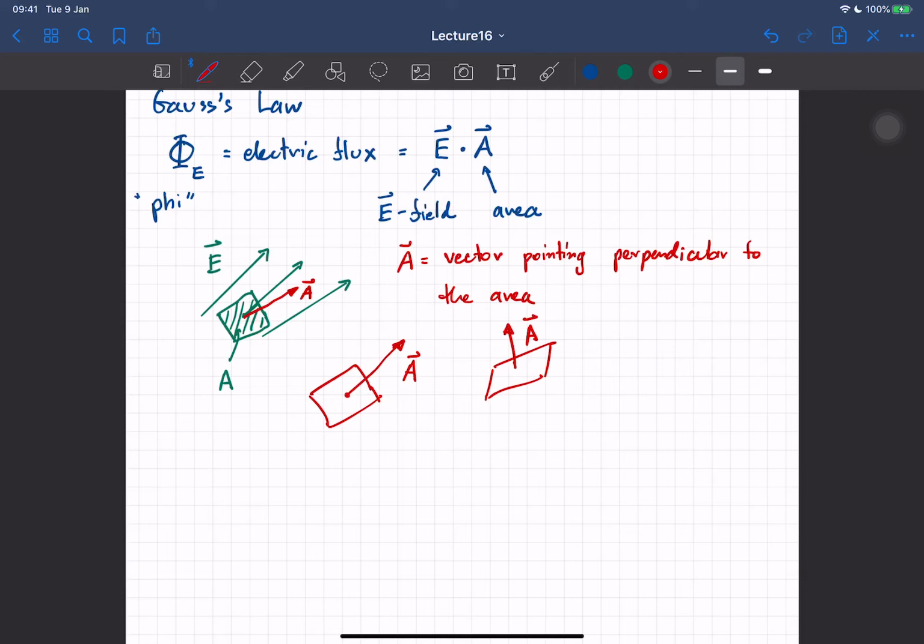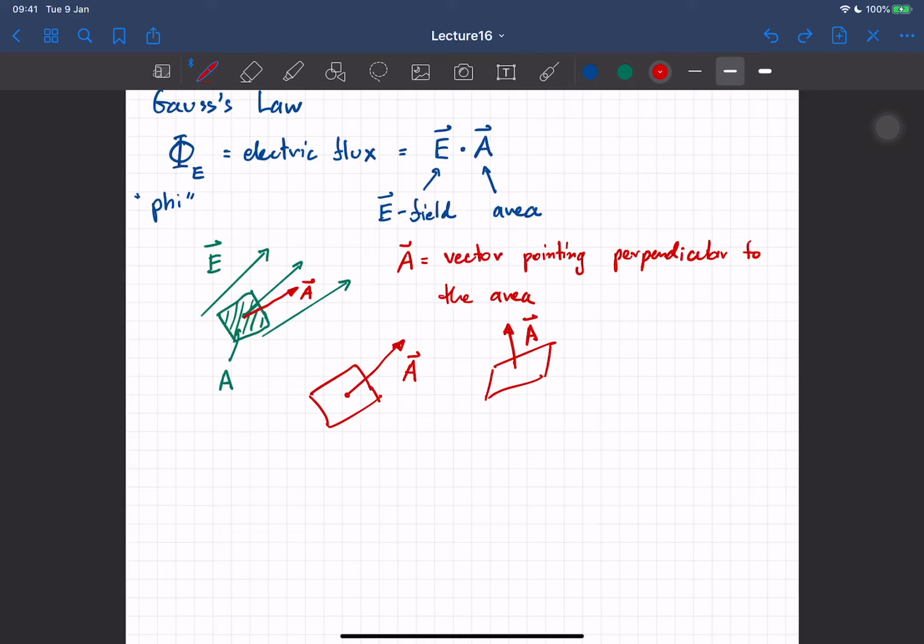It doesn't matter which way your piece of paper is, it's always going to be pointing perpendicular. And the magnitude of the area vector is just the area of your paper. If you take a piece of paper which is 1 centimeter by 1 centimeter, the magnitude of the area is just 1 square centimeter. So that's going to be the magnitude of your vector A.